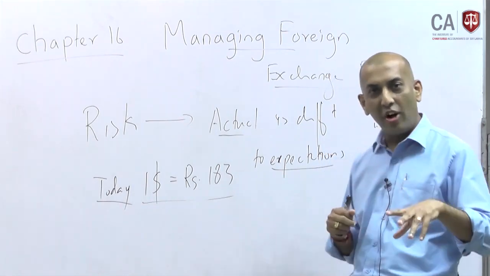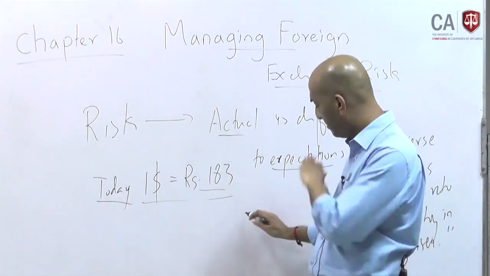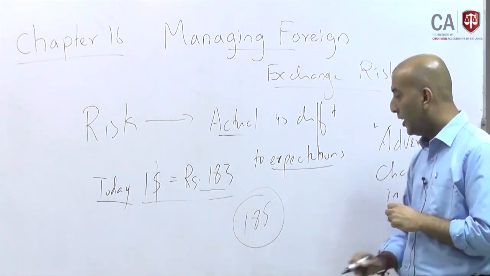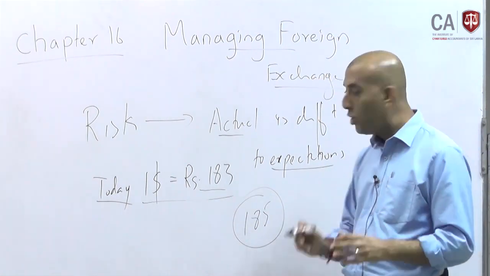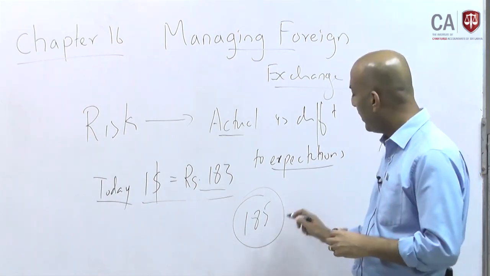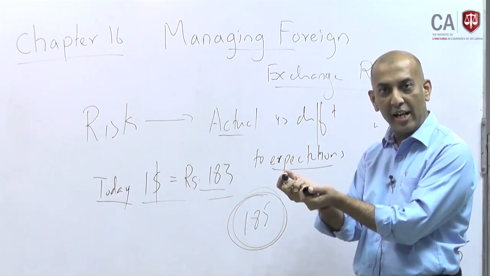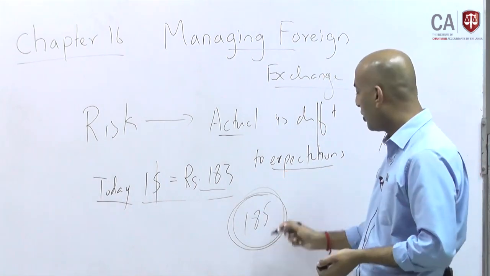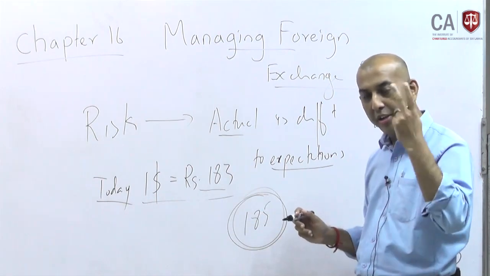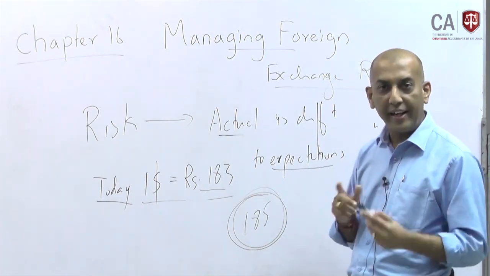You are saying today 183, in 3 months time it's going to be 185. So as an exporter, you will gain. When the Sri Lankan rupee depreciates, you will gain because you have dollars which, in 3 months time when you go to convert, you convert at 185, not 183. That means for each dollar you get 2 rupees extra in Sri Lanka. So as an exporter you are gaining.